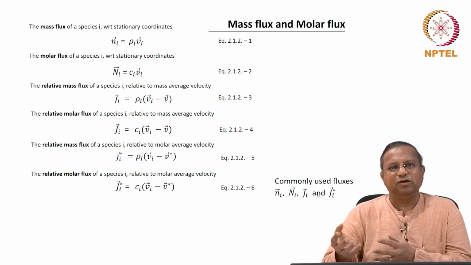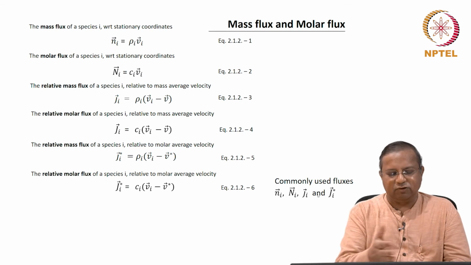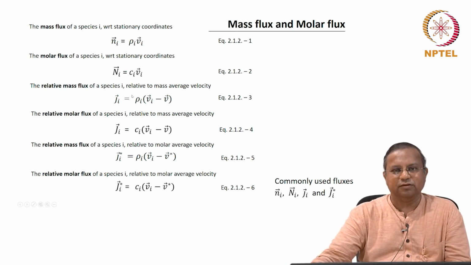If it is necessary, you can always pick it up from other books, or you can just extend this formulation to other things. We won't be using those fluxes much, and therefore I have not listed them here. We will not get into that in this course.